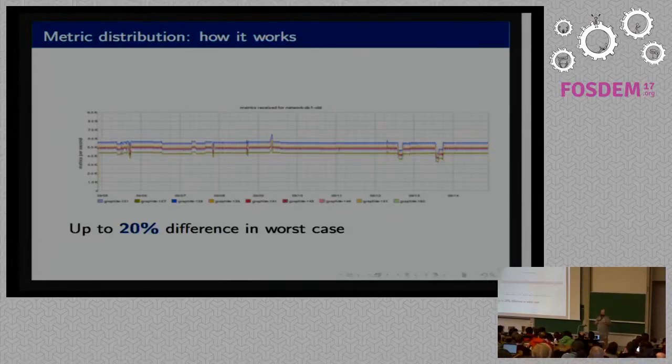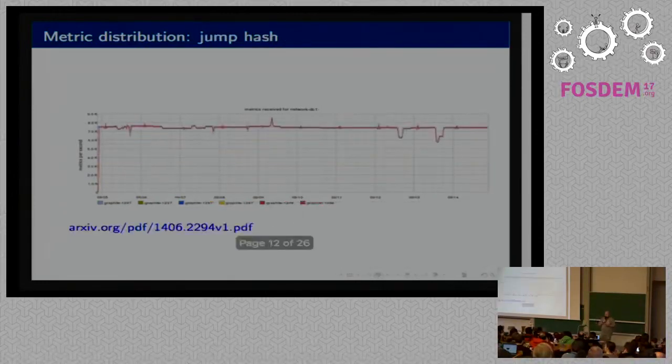We found that the root cause was that our metric names were not playing well with the Carbon consistent hashing algorithm. So we started looking around to find something better than carbon consistent hash. And we found an interesting white paper from Google about the jump consistent hashing algorithm.